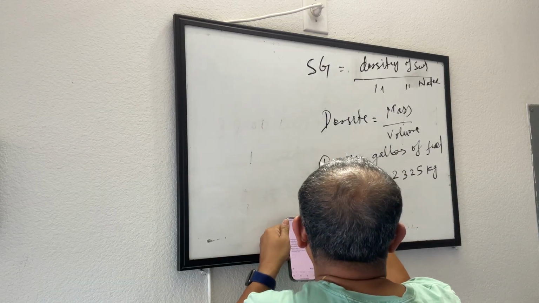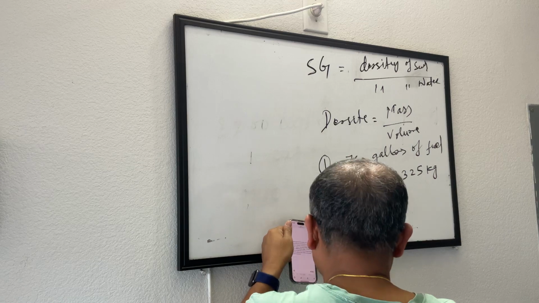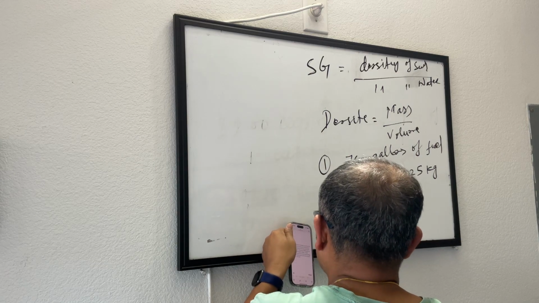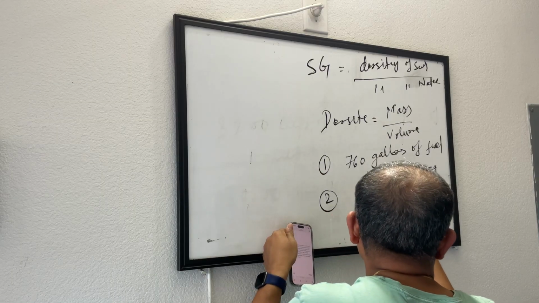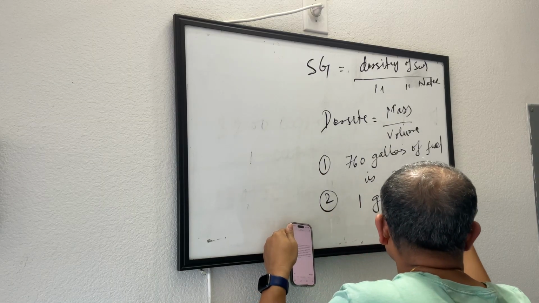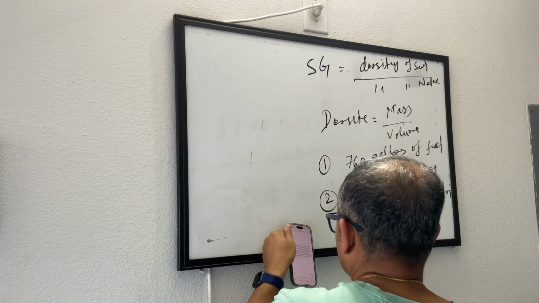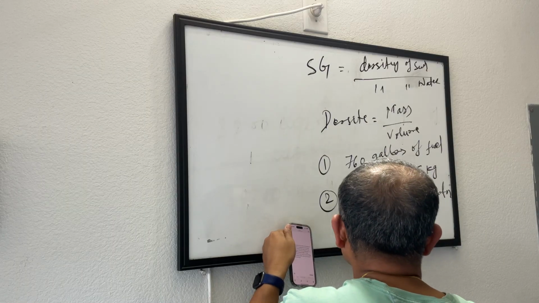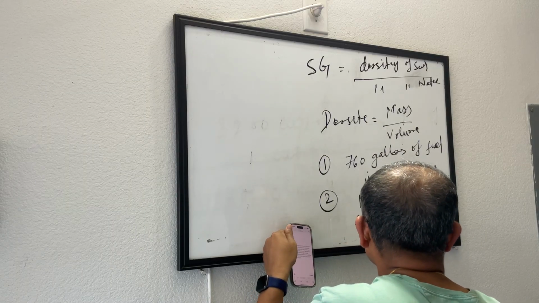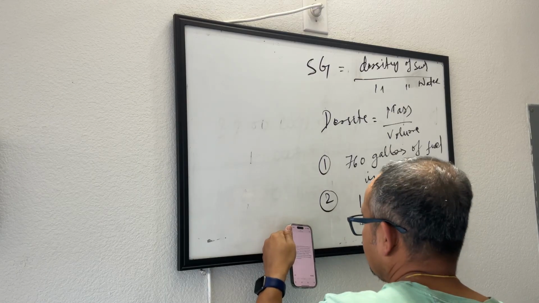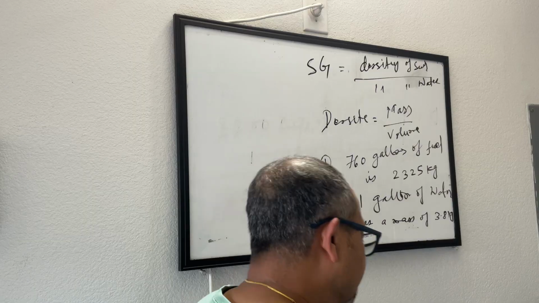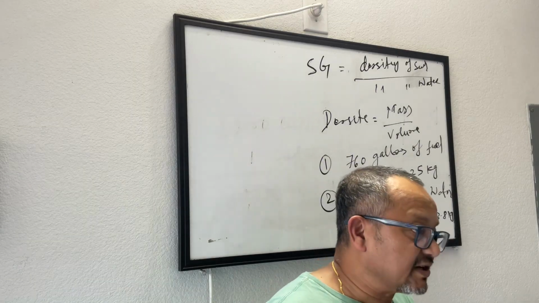So this is one piece of information, and this is the second piece of information. See how interesting it is getting now. A single gallon of water, 1 gallon of water, has a mass of 3.8 kilogram. To the nearest tenth, what is the specific gravity of jet fuel?